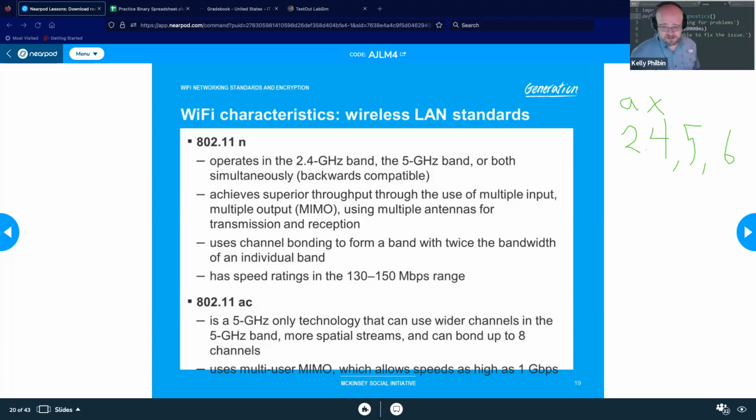Let's see here. I'm trying to find it. So instead of MU-MIMO, it has, where is it called here? It's orthogonal frequency division multiple access, so OFDMA.